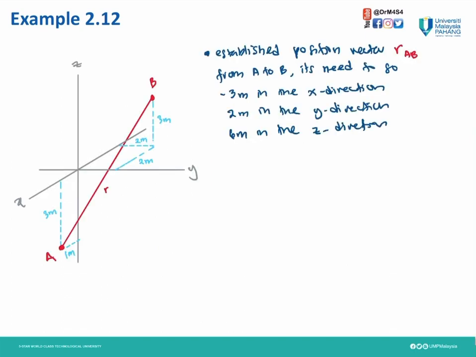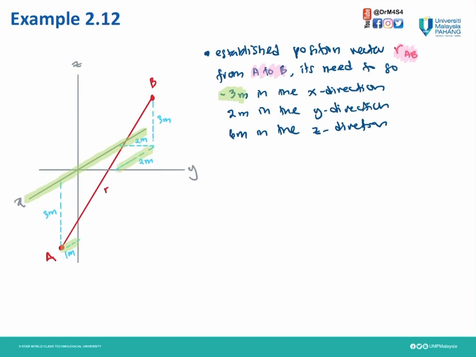For this case, we need to establish the position vector RAB from A to B. Therefore, to move from A to B, it needs to go -3 meter in the x direction. What does it mean? This is the x-axis. From A to B, 1, then add another 2.